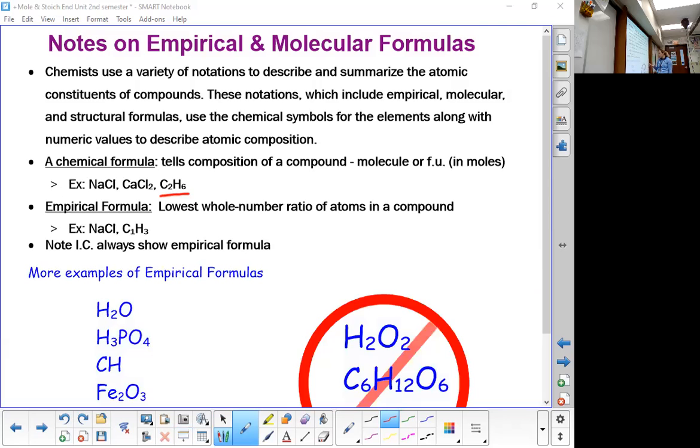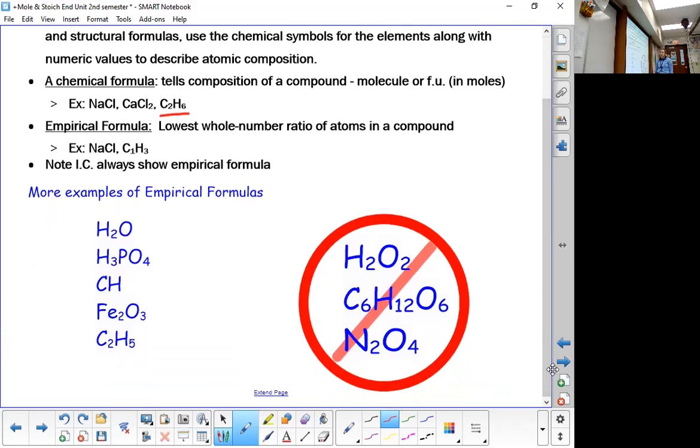Okay, so here's some more examples of empirical formulas. We've got H2O, H3PO4, CH, Fe2O3, iron(III) oxide, and C2H5. Now these ones right here are not empirical formulas because they're not the lowest whole number ratio.